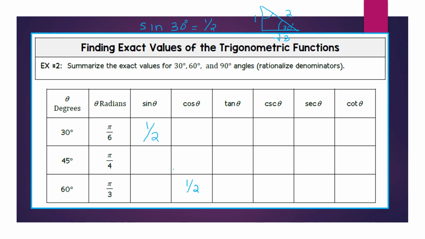There's my hypotenuse. It's 1/2. All right. If we talk about sine of 60, here's 60. Here's my opposite. There's the hypotenuse. So we get root 3 over 2. But that's the same thing as cosine of 30, right? Adjacent over hypotenuse. So root 3 over 2.